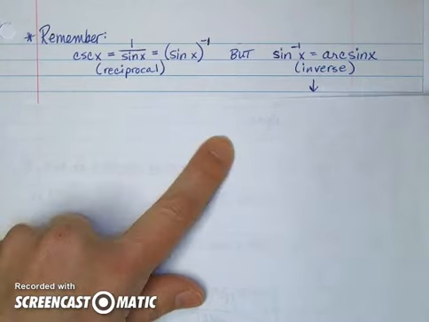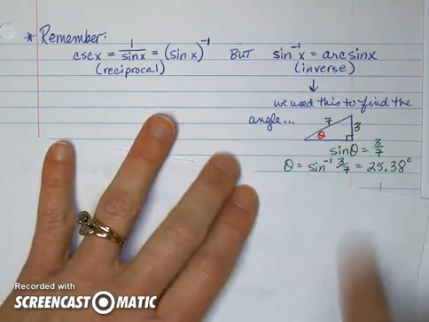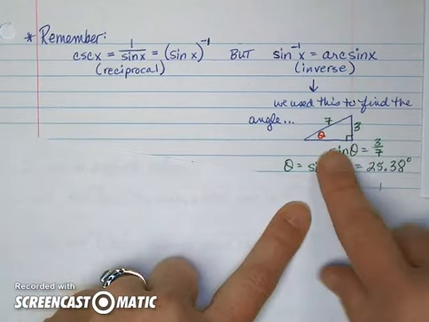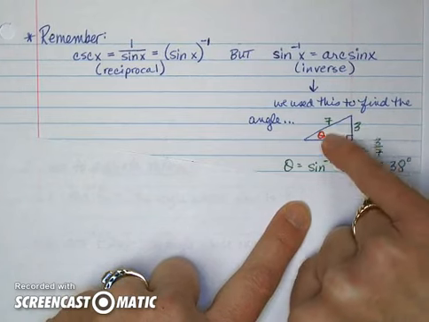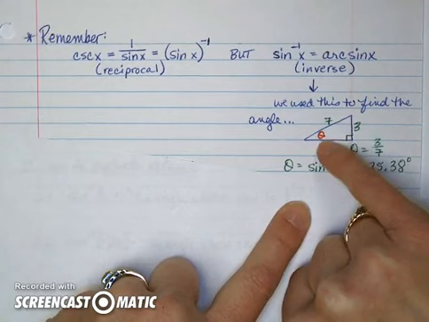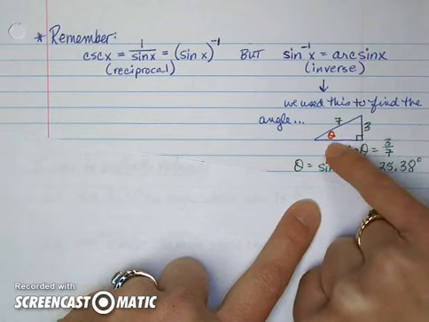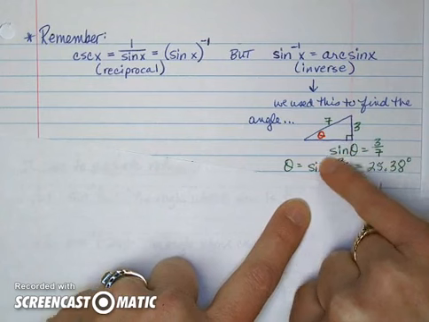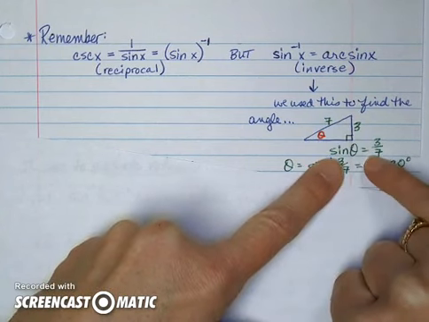Do you remember when we used this to find the angle? If I gave you a triangle and I said your opposite side was 3 and the hypotenuse is 7, what is theta? Then you looked at that and you said, oh, that's a sine, because that's opposite over hypotenuse. So I would take the sine of theta, and that would equal 3 over 7. And then I said, find theta.